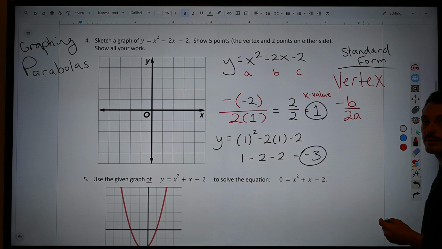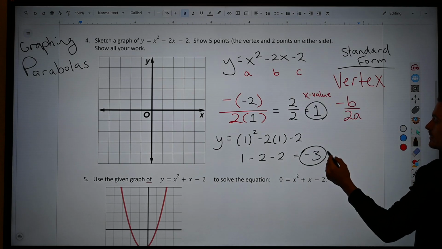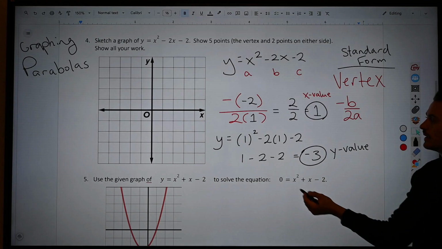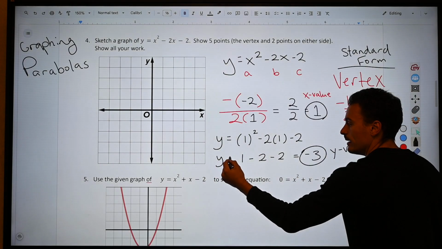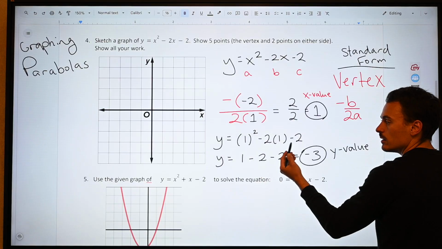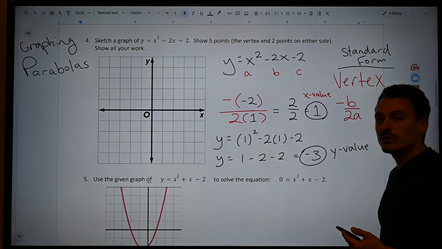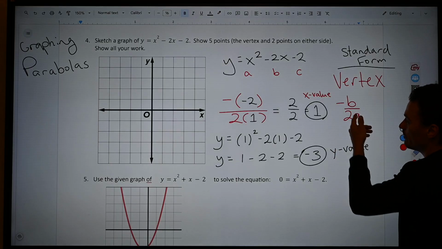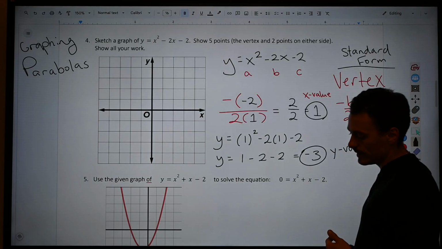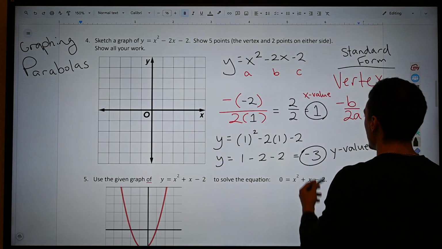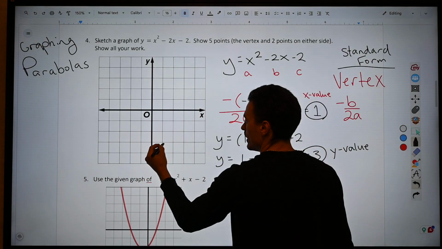That part's in red. This value is the y value. You can tell because it literally says y equals all of this. Our formula for the vertex is x equals negative b over 2a. So our x value is 1, our y value is negative 3, which is right here.